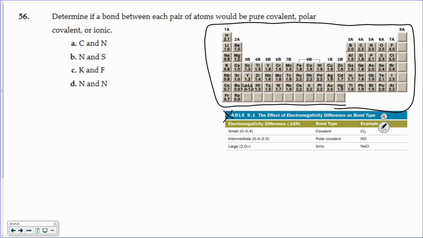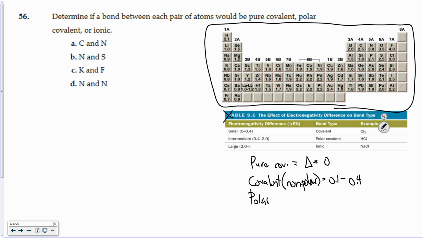All right, and again, the way that I describe these is that pure covalent is equal to a difference of 0, and then covalent, and what the book calls nonpolar covalent, would be 0.1 to 0.4.